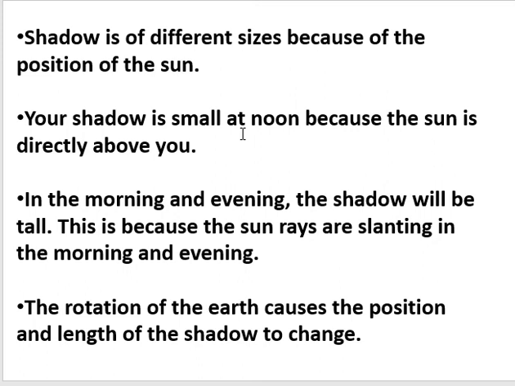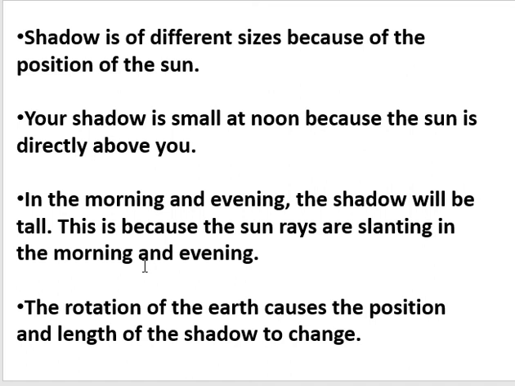The rays of the sun are slanting, not directly above your head. Don't forget, in the morning and in the evening, the sun rays are slanting, giving rise to a very long shadow, a longer shadow. But in the afternoon, the sun is directly above your head, so you have a shorter shadow, you have a short one.